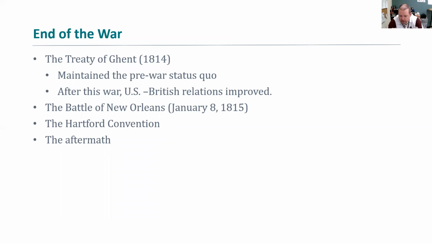A number of the Federalists are disgruntled by all of this. And so the Hartford Convention is basically them coming up with a list of demands from the southern states. And the idea is if those demands are not met, the Hartford Convention, and Hartford is in Connecticut, it's actually an early attempt at secession.